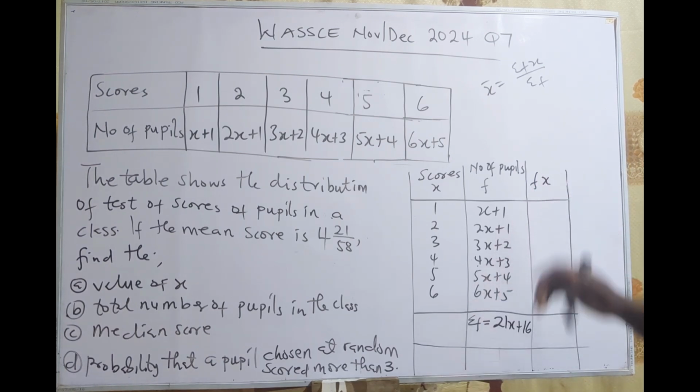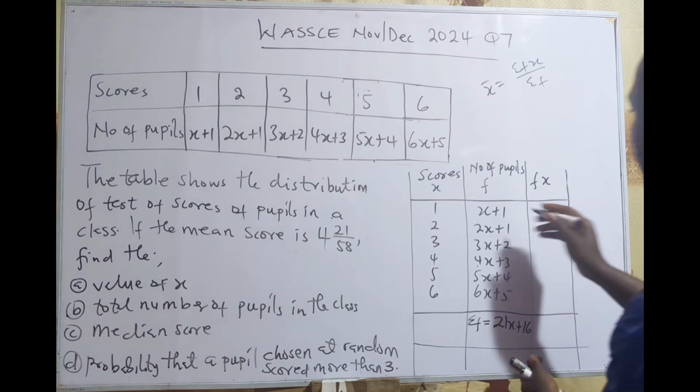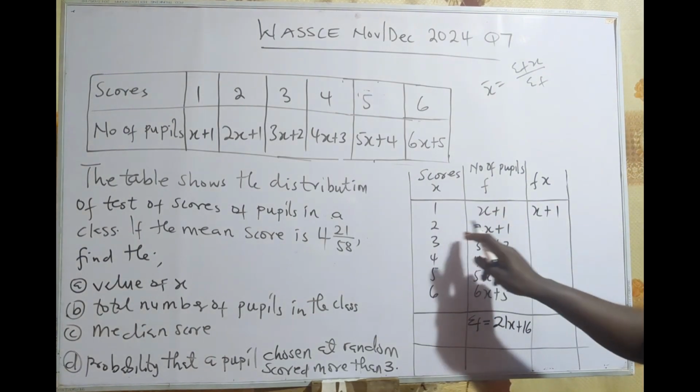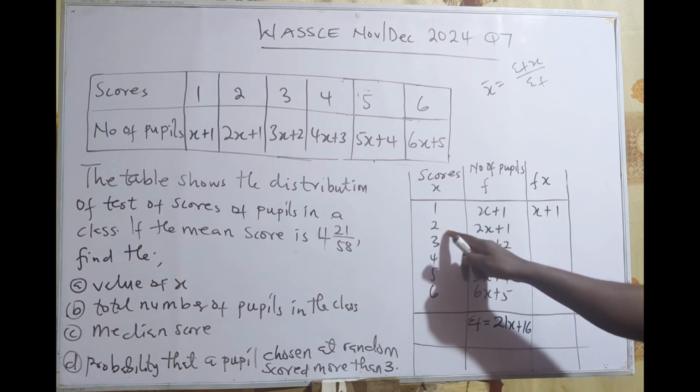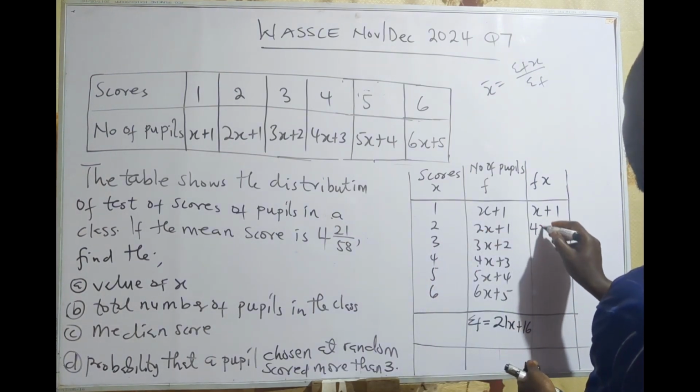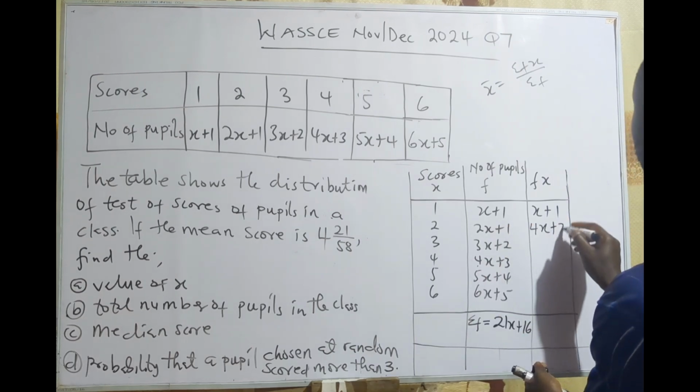Then we come to get our fx. 1 times s plus 1 gives me s plus 1. Then 2 times 2s plus 1: you multiply 2 by 2s, that gives 4s, then 2 by 1 gives me 2.